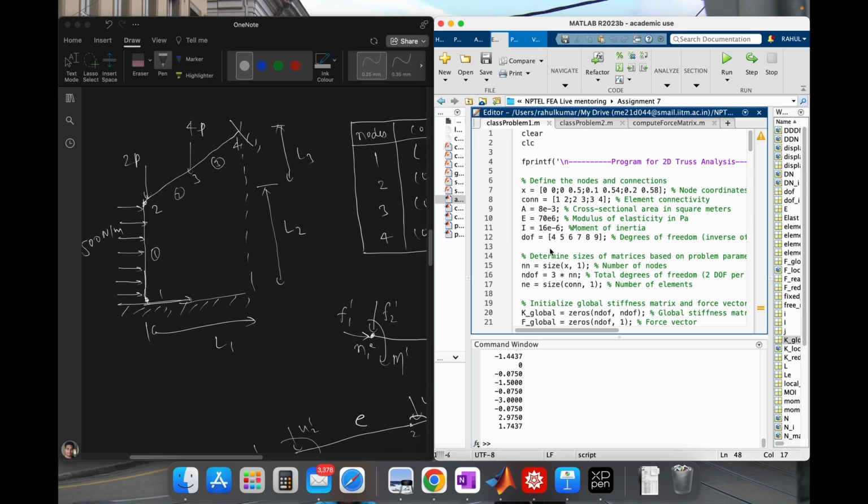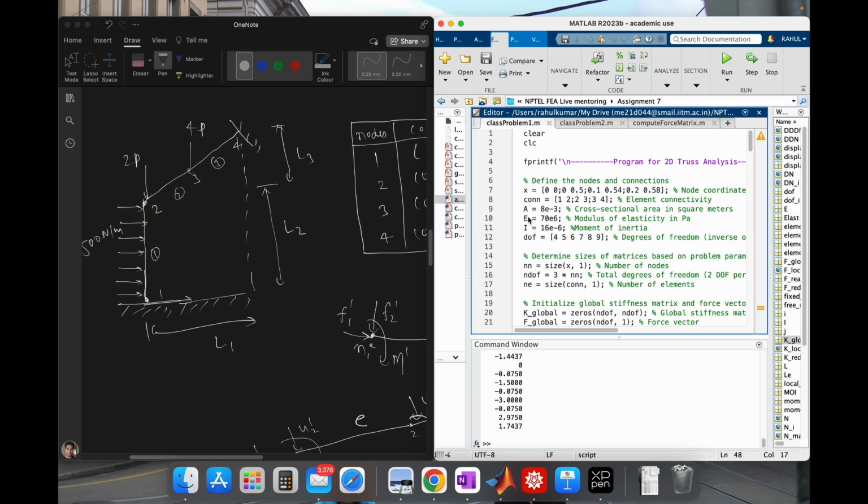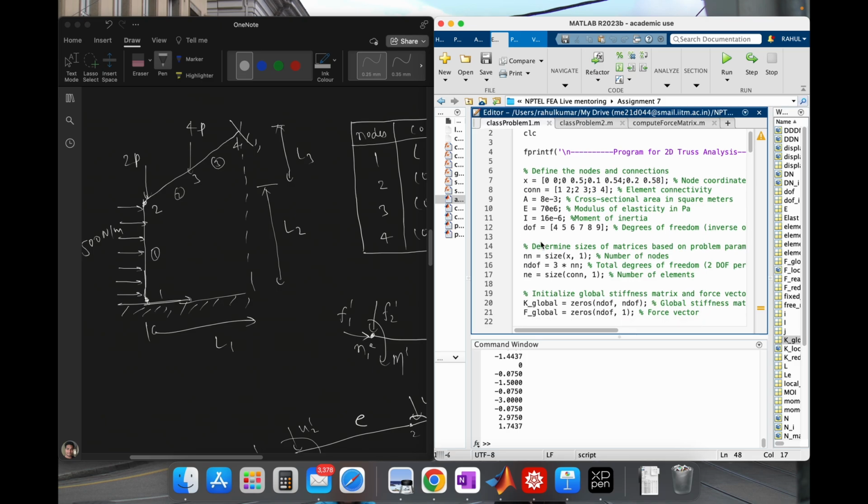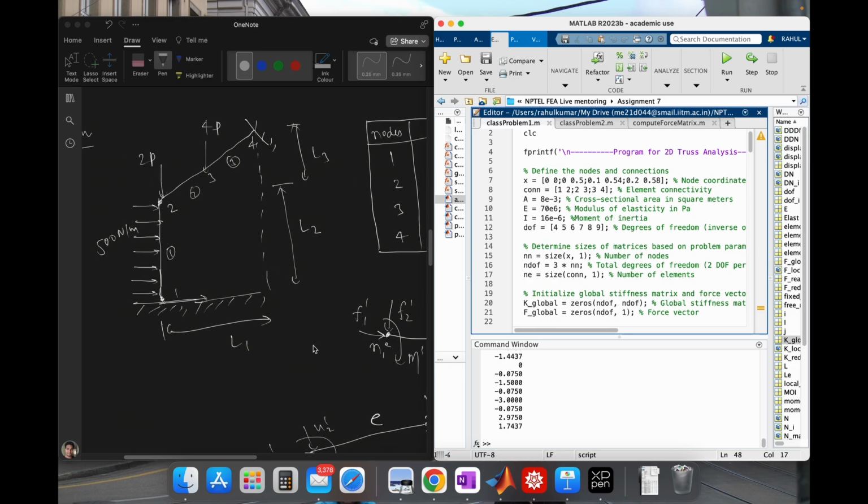And these are area, moment of inertia, and modulus of elasticity. And this is the degree of freedom, where we are fixing all those nodes. Here I can see that this node is fixed, so the degrees of freedom 1 2 3 are lost.